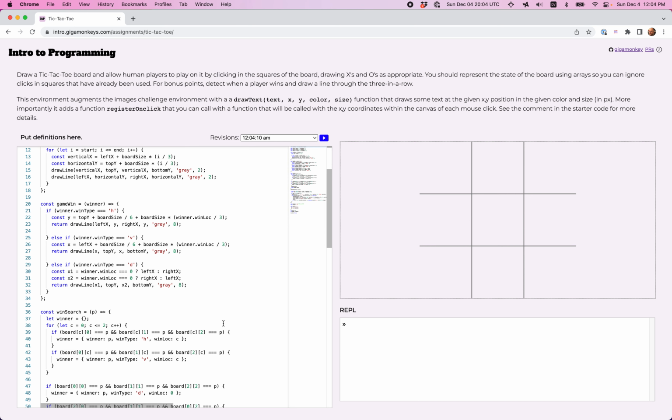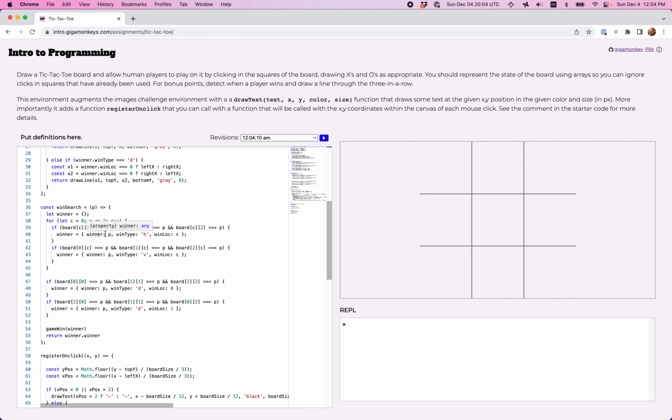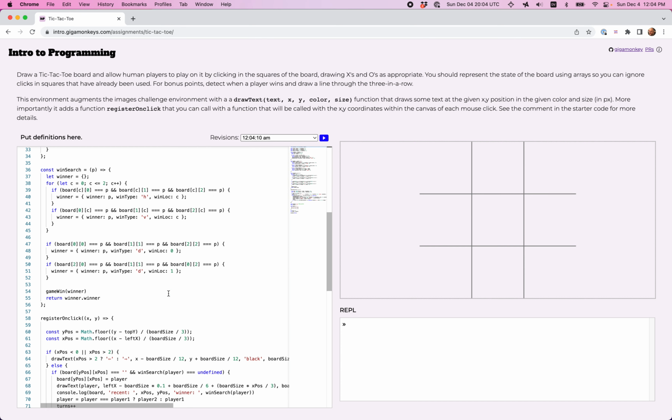I must have broken something when I was moving all those if statements, breaking those up. But it can't be in WinSearch because I didn't change that. Oh, maybe it could.